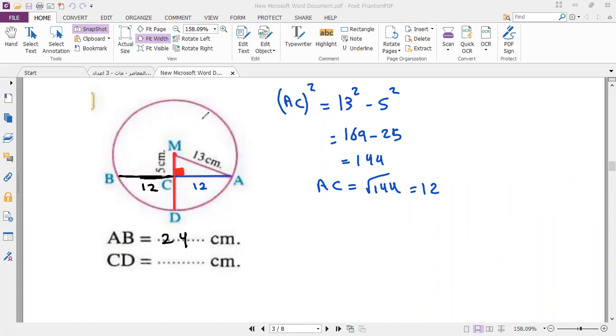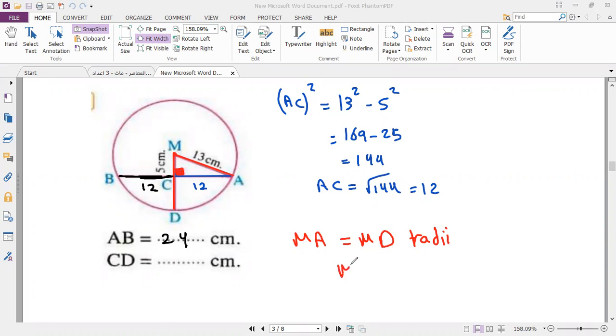Now I want to get the length of CD here. You know that MA is a radius in the circle, and MD is a radius in the circle. So they are equal. The length of MA is the same as the length of MD because they are two radii in the circle.